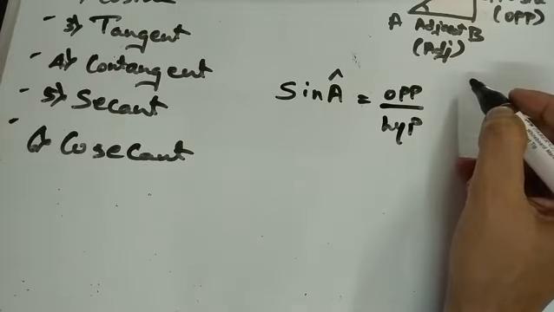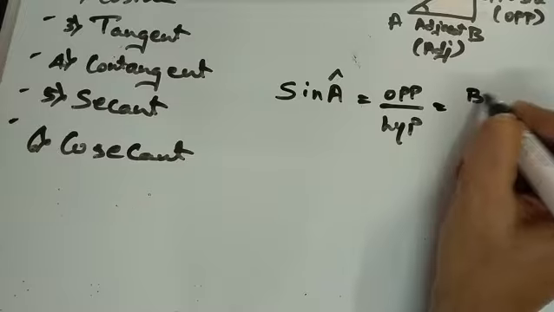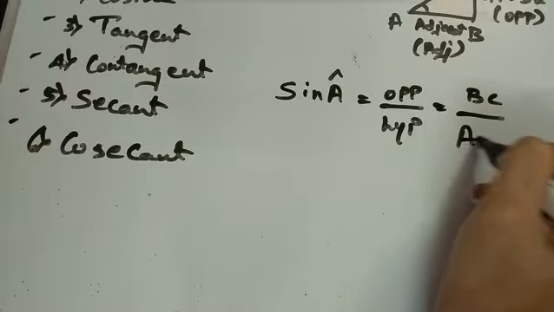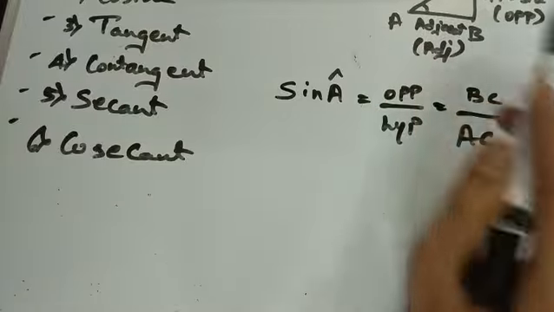So in this figure it turns out to be BC by AC. This is opposite by hypotenuse.